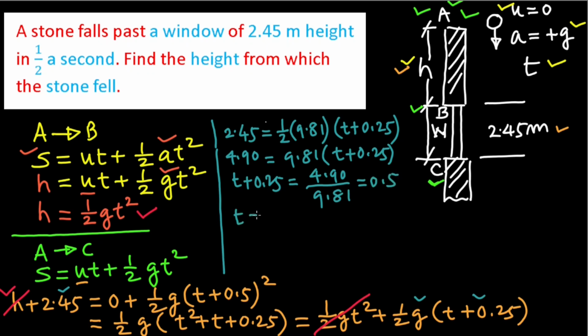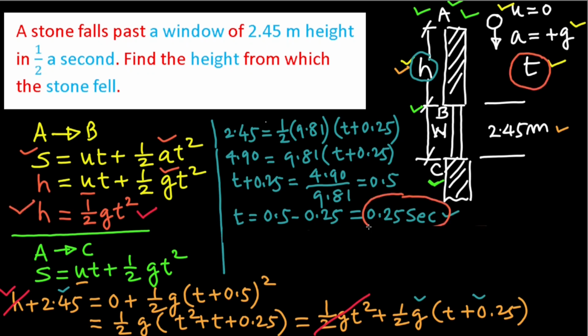So t will be 0.5 minus 0.25, which will be 0.25 seconds. To cross the height h, the stone will take 0.25 seconds.